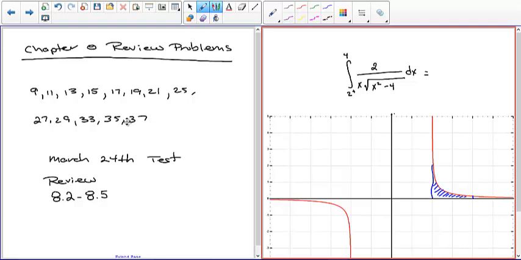So now that we've finished, well, we'll do a few more problems from the last section on Monday. We're going to move on to chapter 9, which is associated with infinite series. It's a completely different topic.